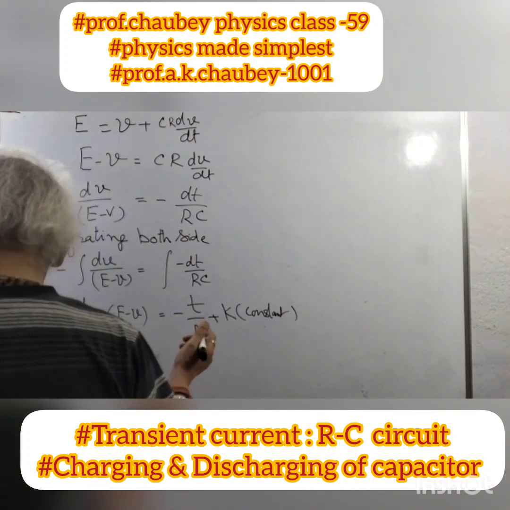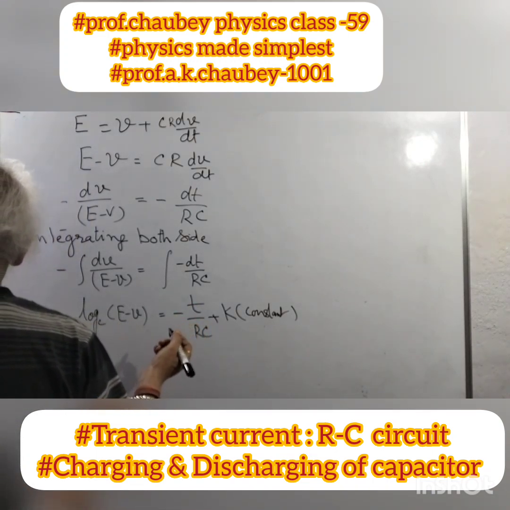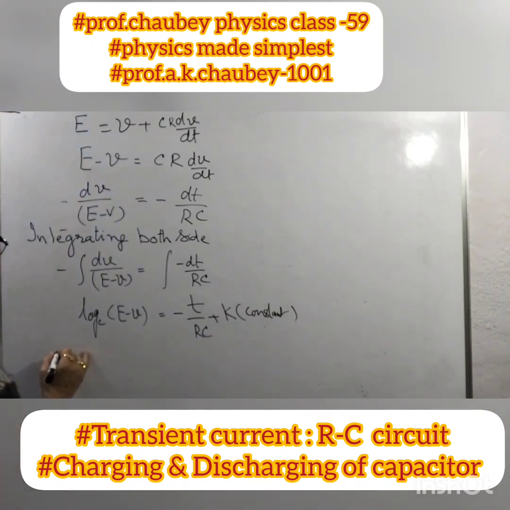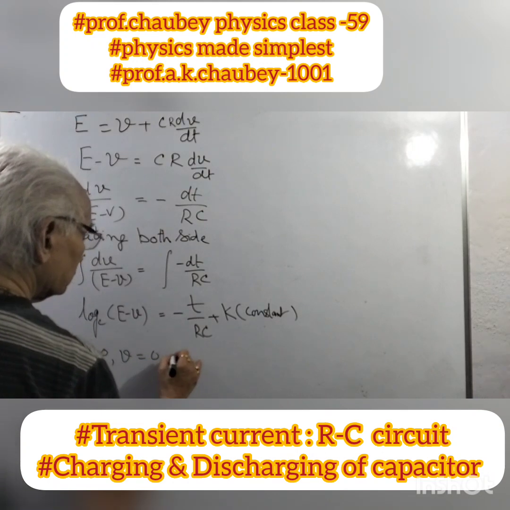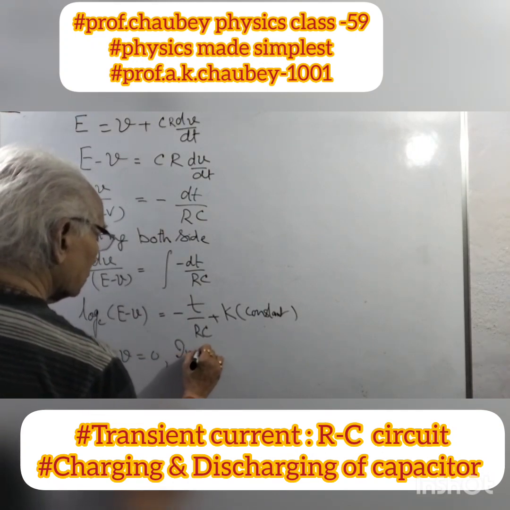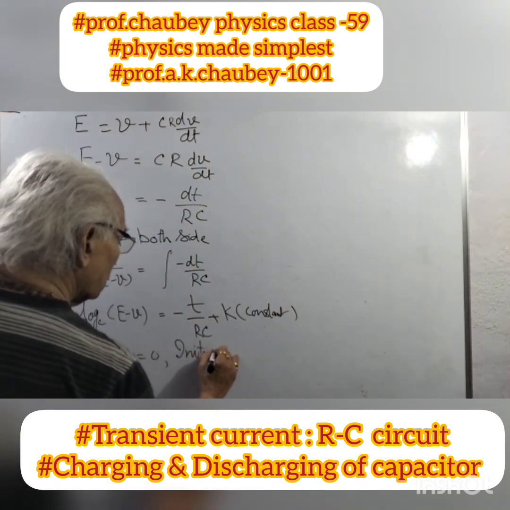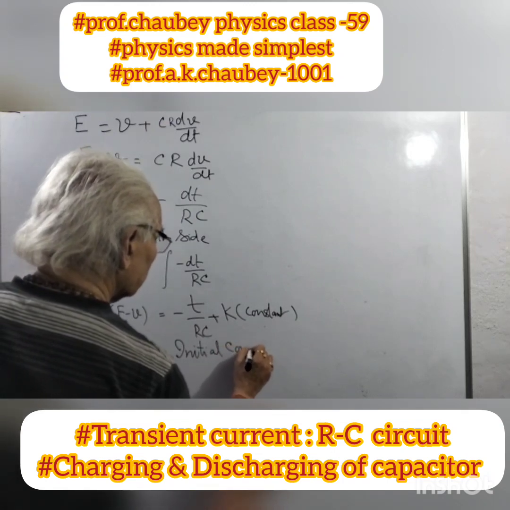We can get the value of the constant K by writing that at t equal to 0, V is equal to 0. That is the initial condition.